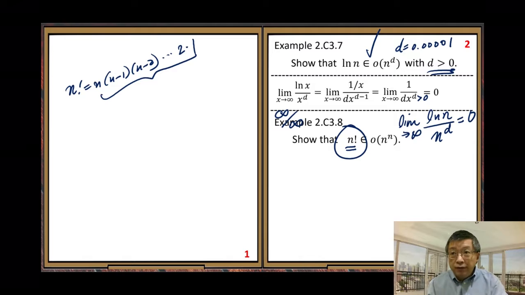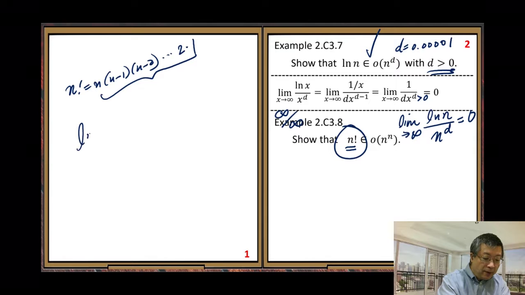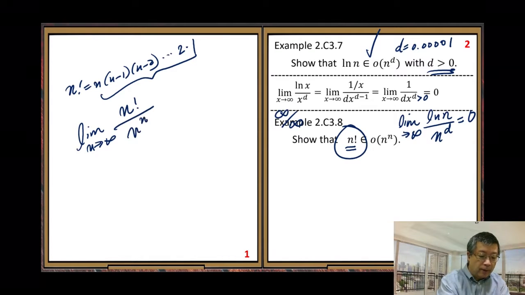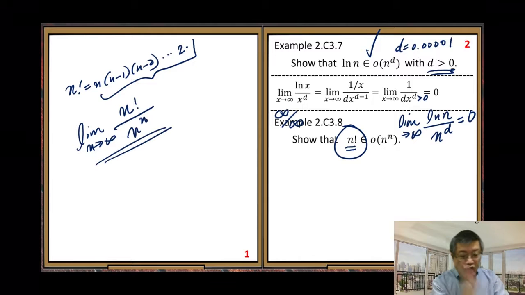That's n factorial. Second, because it is little o, most likely we need to take the limit. We want to show this limit equals 0.